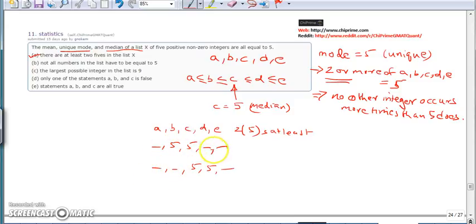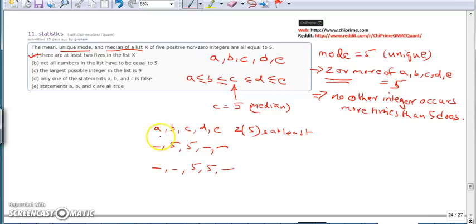Admittedly, more of the others could also be 5s, but this is the least number of 5s that we are working with. So blank, 5, 5, blank, blank, or blank, blank, 5, 5, blank, where A is the smallest, E is the largest, and the others are moving from left to right, less than or equal: B is greater than or equal to A, C is greater than or equal to B, and so forth.